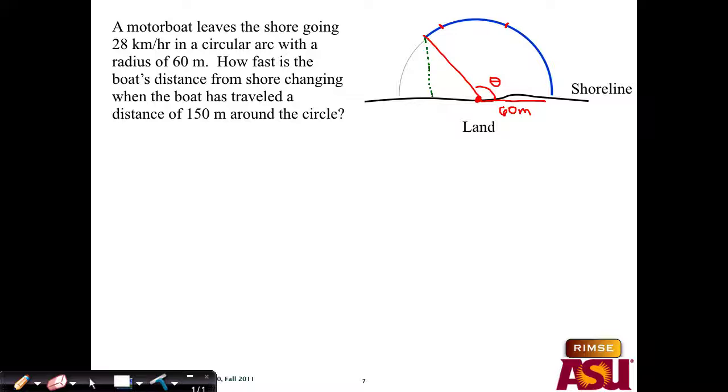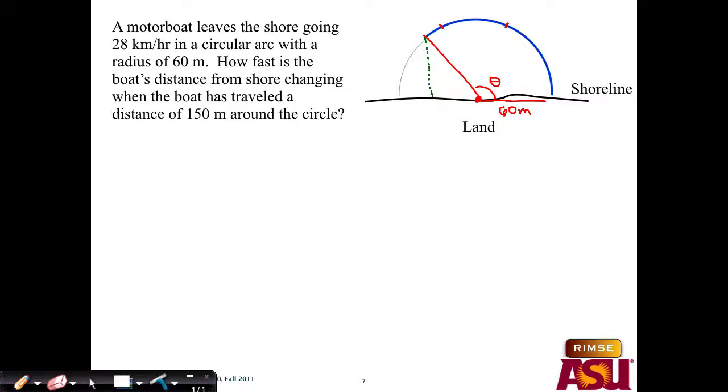If you can imagine this red line going around the circle like that, the distance from the shore is the vertical part of the triangle formed here, and that vertical part is changing. First it gets larger and then it gets smaller.